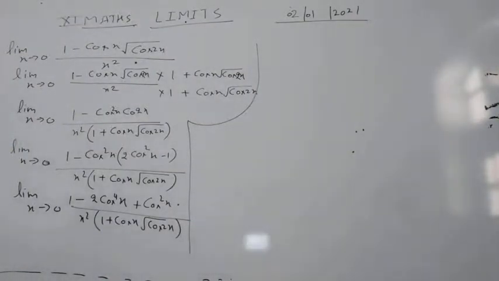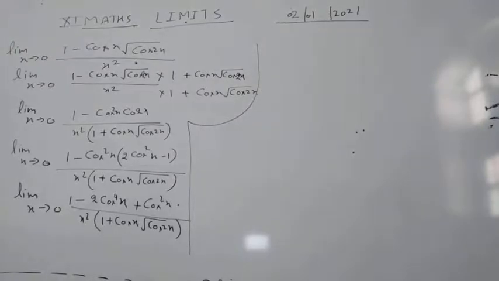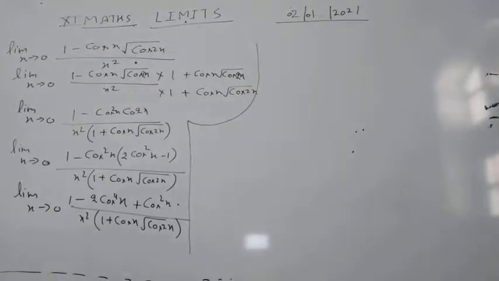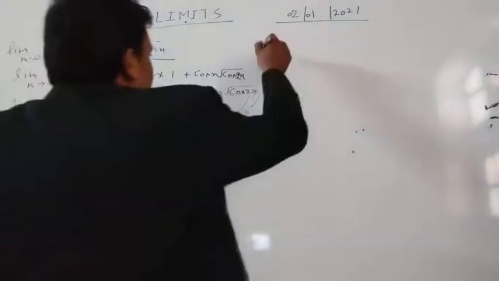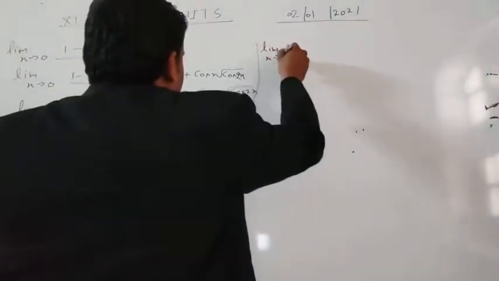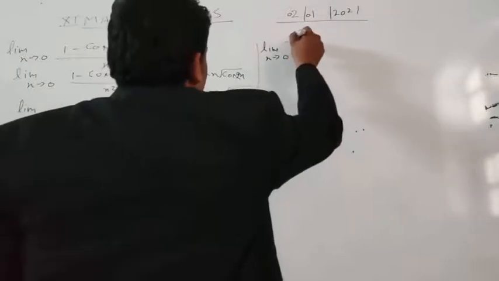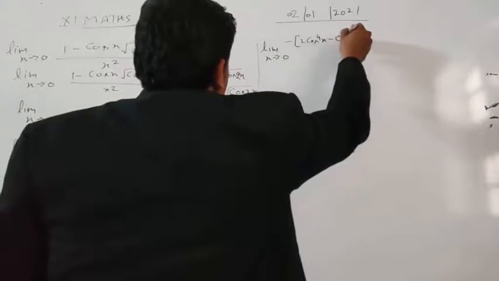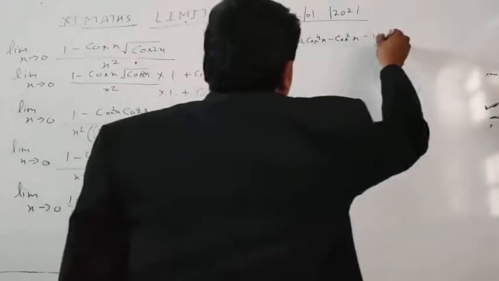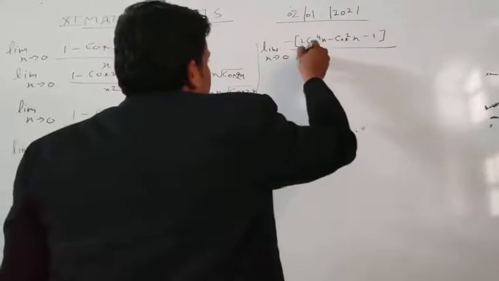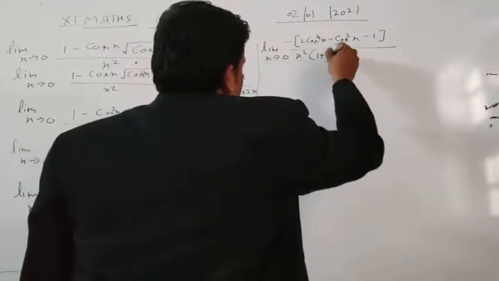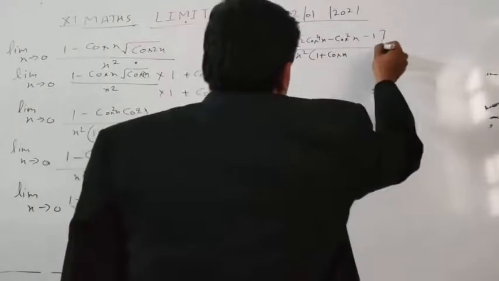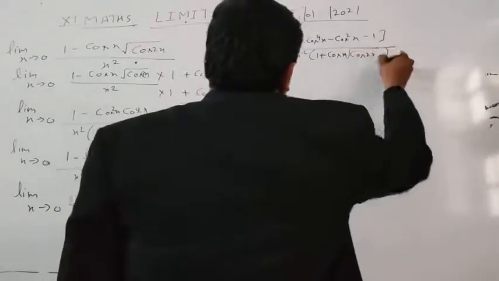Now we will factorize this part. So limit x tends to 0, we write minus (2 cos to the power 4x minus cos square x minus 1) by x square (1 plus cos x under root cos 2x).